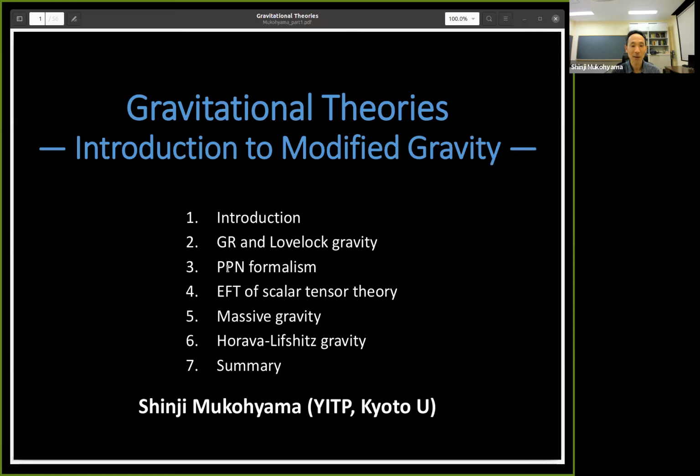And then the effective field theory of scalar-tensor theories, massive gravity, and Horndeski gravity, and then summarize this lecture. Okay, so these three are concrete examples, and these three are introduction in a sense. Okay, let me start.